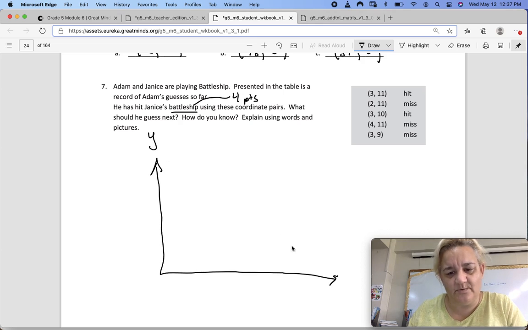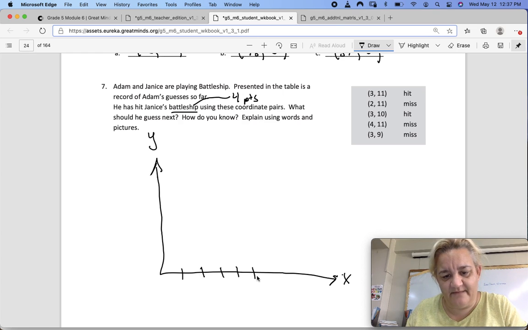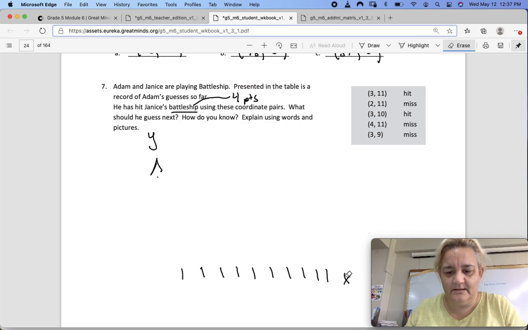Okay, so let's just go ahead and plot these points because it's just easier to visualize what we're doing. So there's the y-axis, there's the x-axis. And we're using whole numbers, so I'm just going to use my hashes as whole numbers. 3, 4, 5, 6, 7, 8, 9, 10, and then I'm going to draw a little bit further than that.